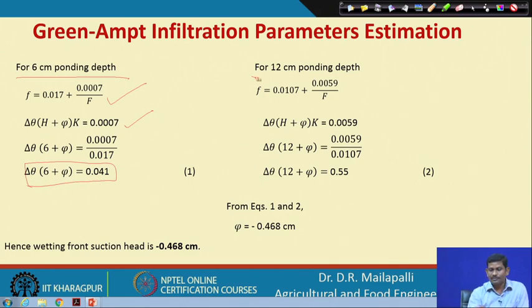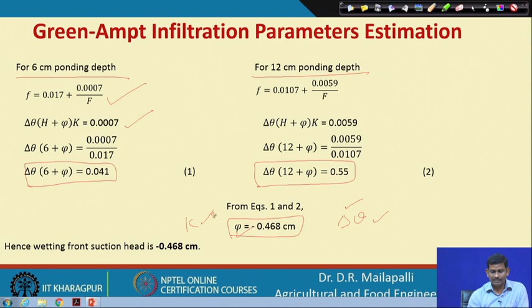If you follow for 12 centimeter ponding depth, you get delta theta 12 plus psi 0.55. So, in the two equations you can find out the psi value as well as the delta theta value.